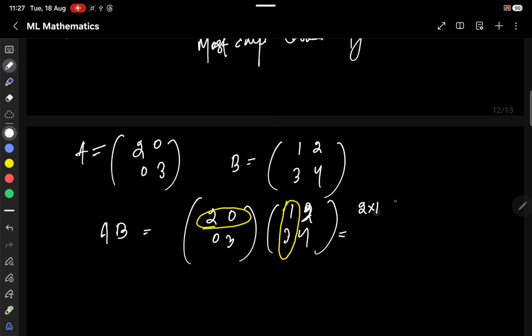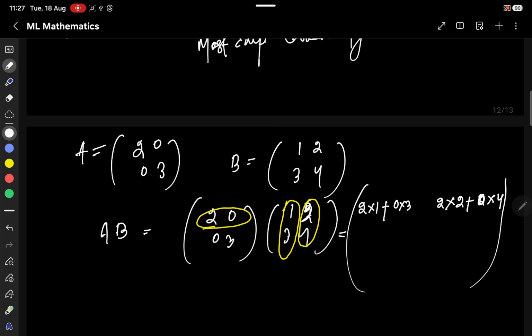So it will be 2 cross 1 plus 0 cross 3, then again this row with the next column: 2 cross 2 plus 0 cross 4.